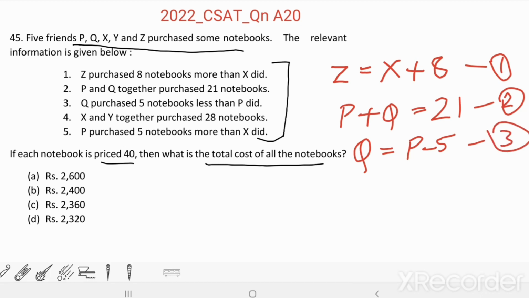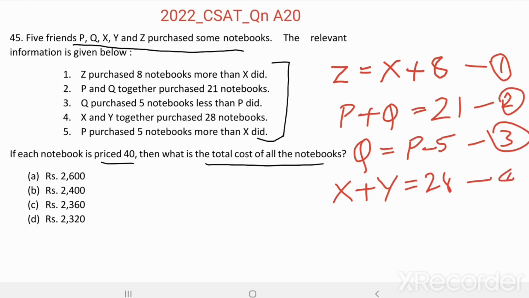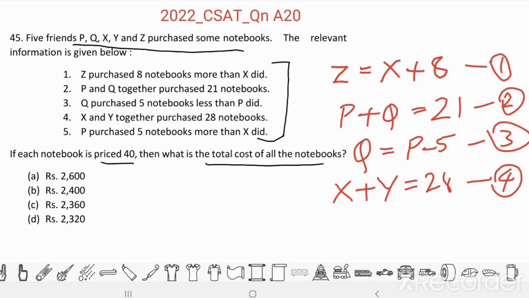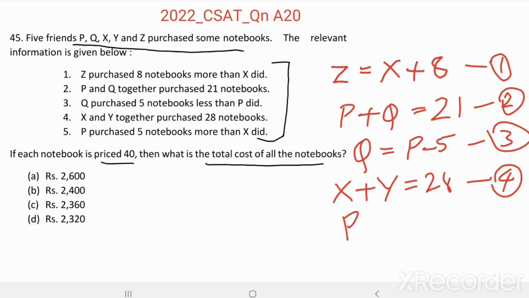X and Y together purchased 28 notebooks. X plus Y equal to 28. This is the fourth one. P purchased 5 notebooks more than X did. So this is the fifth one.